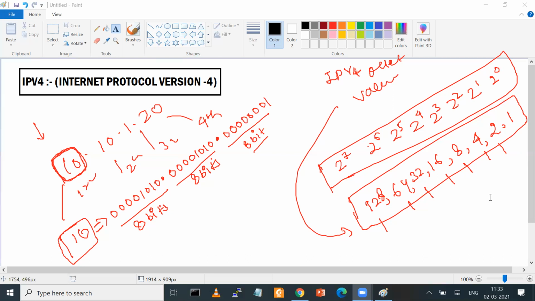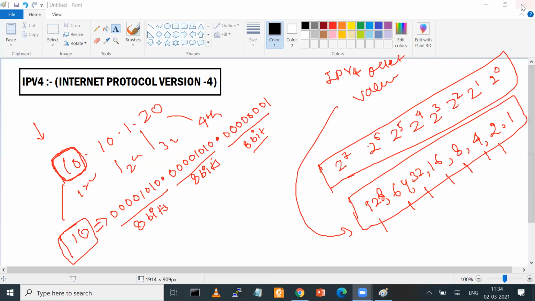0 0 0 1 0 1 0 0. So 16 and 4 will be used, which means 00010100, correct? Yes, correct.